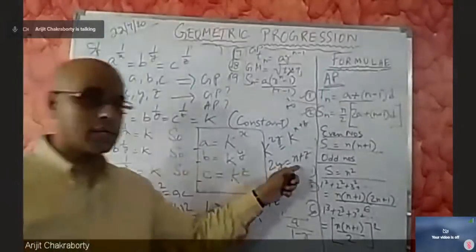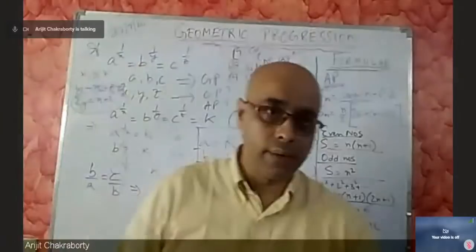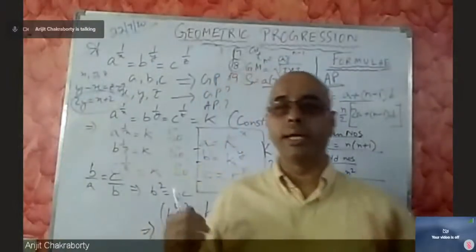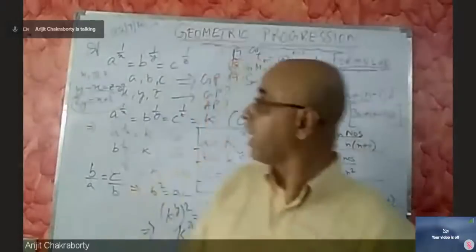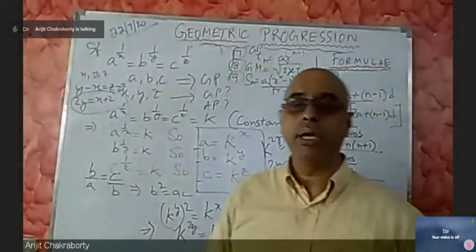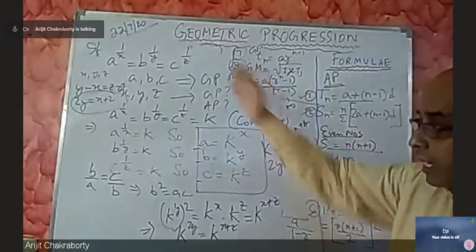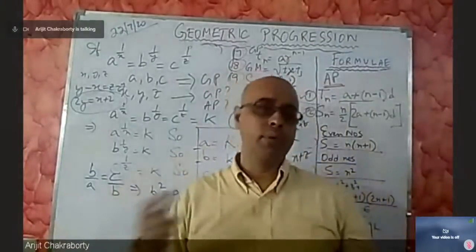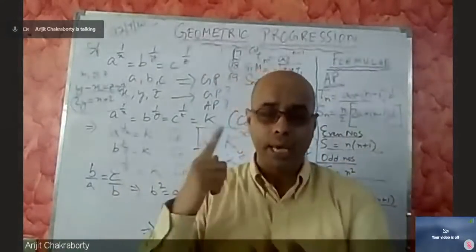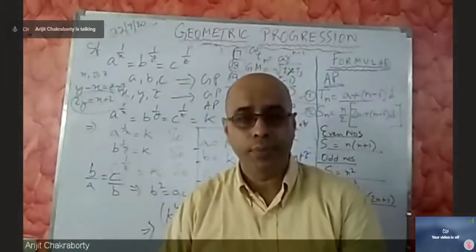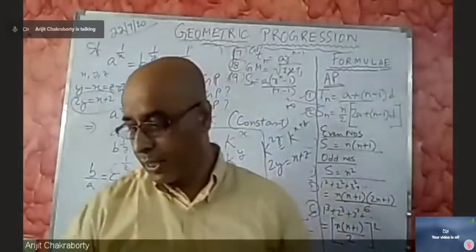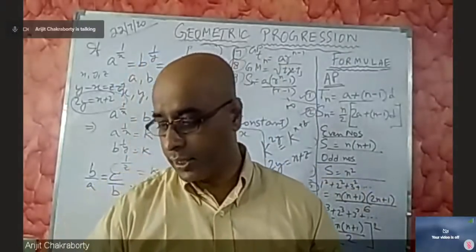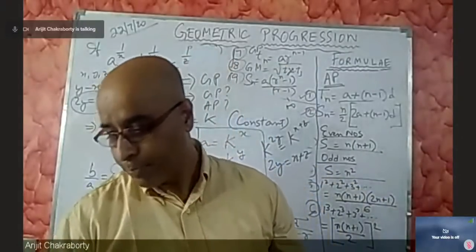So since we have got the same expression here, we can easily infer that x, y, z are in AP, provided a, b, c are in GP. Classic case, lovely question because it combines three chapters: AP, GP and indices. Okay, fine. With this we complete our GP part and I'll take a few questions from AP.